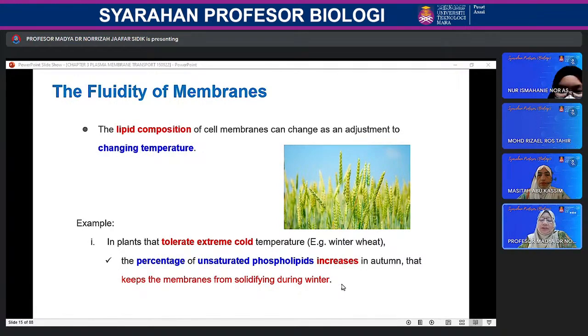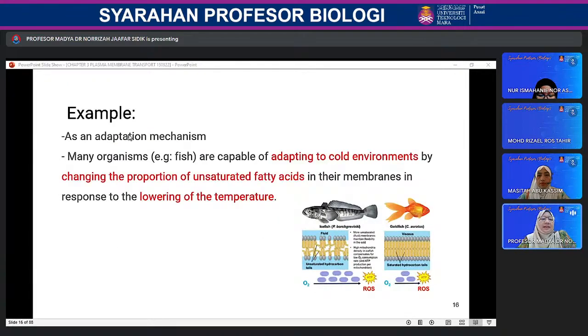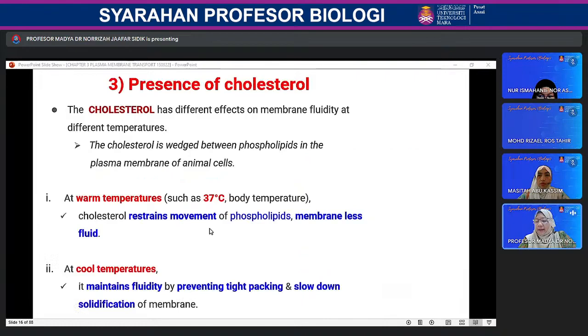So it's important that the membranes stay fluid, not solid. This is another example of an adaptation mechanism where the organism adapts to cold environments by changing the proportion of unsaturated fatty acid in response to the low temperature.